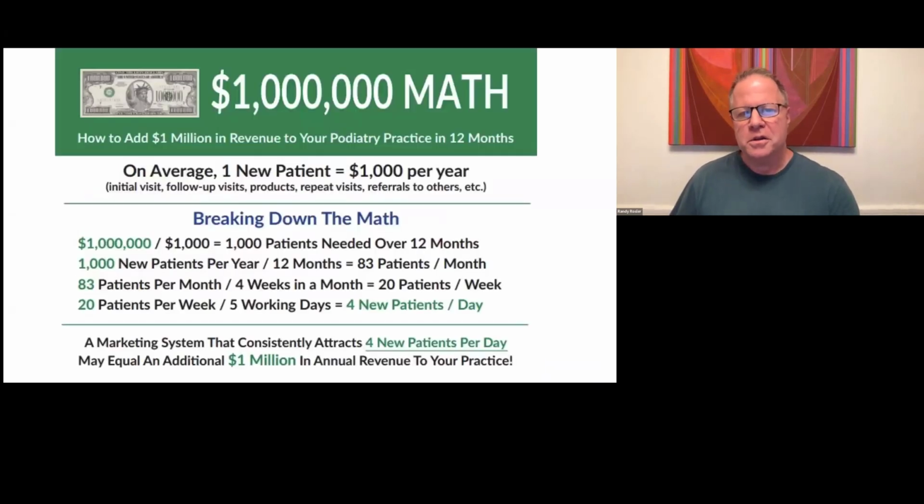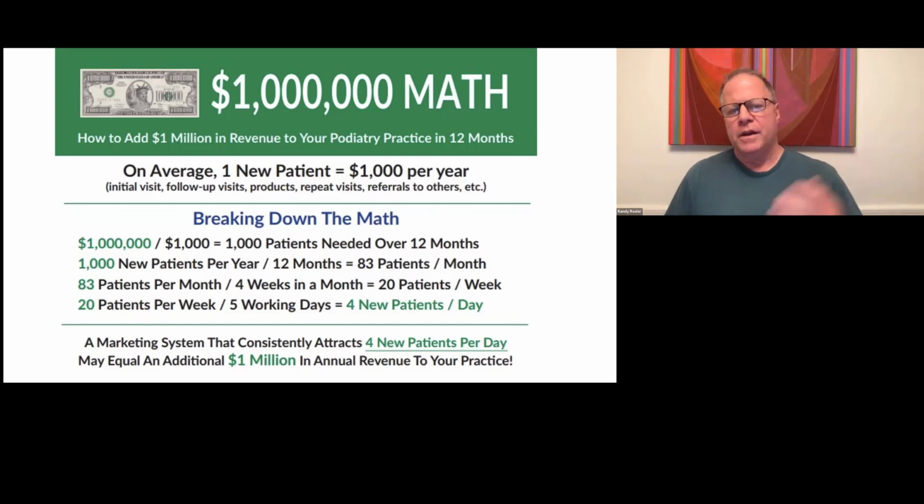So I actually did this recently, thought it was kind of interesting. How could a small private practice with, say, 1 or 2 or maybe 3 podiatrists, with maybe 1 location, possibly add $1 million in revenue to your podiatry practice in the course of 12 months?